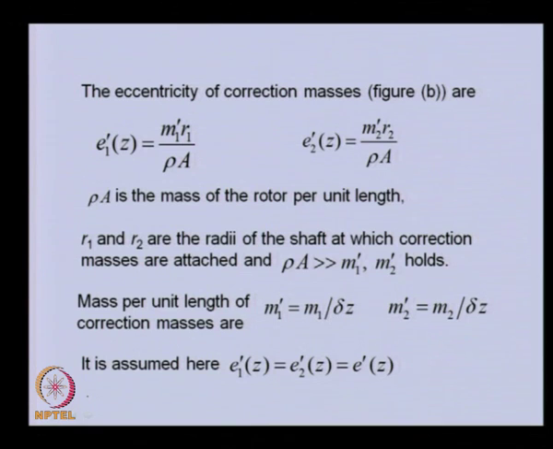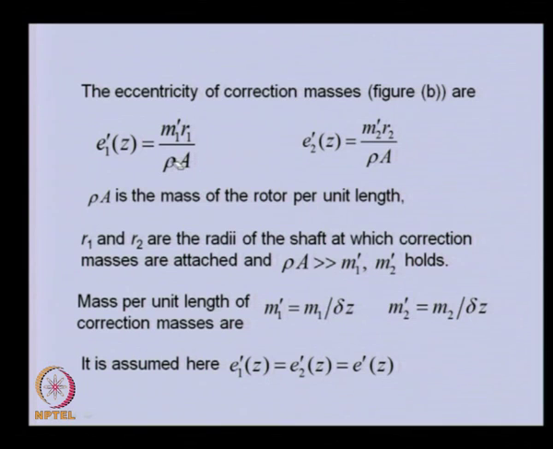Now, the eccentricity of the correction masses which we kept is given like this. We can see that the correction masses are at the R1 location, and we are calculating the eccentricity by equating the force which the correction mass gives. So M1 R1 omega square will be the force corresponding to that correction mass, and rho is the mass per unit length of the shaft.